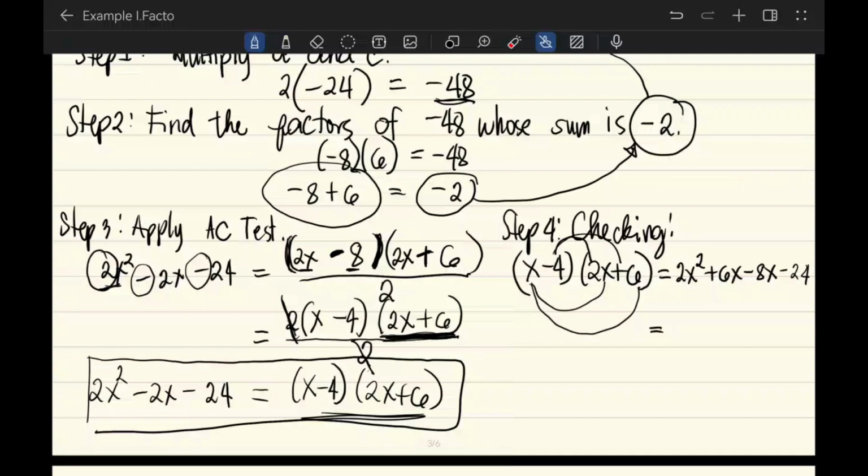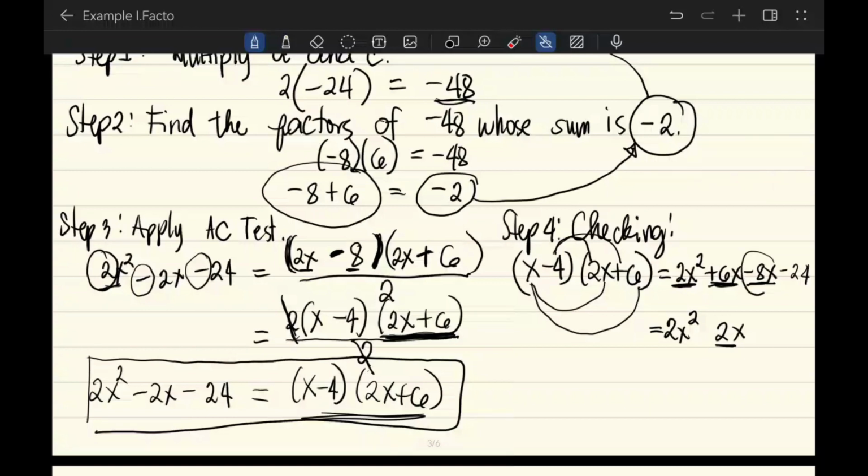Okay, now let's combine like terms. Since 2x squared has no like terms, copy. Positive 6x and negative 8x, different signs. If the signs of the like terms are different, subtract. So, 6 minus 8, that is 2x. Now, the sign of our 2x depends on which value is higher: it takes the sign of the higher value.